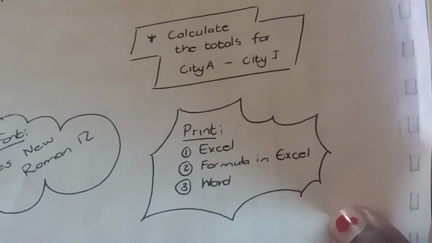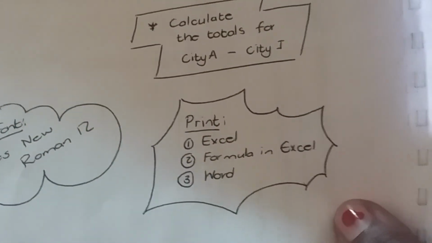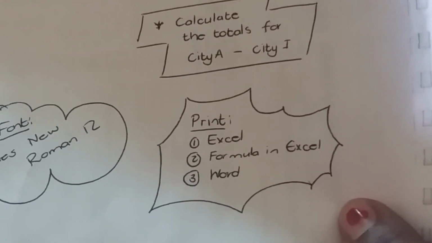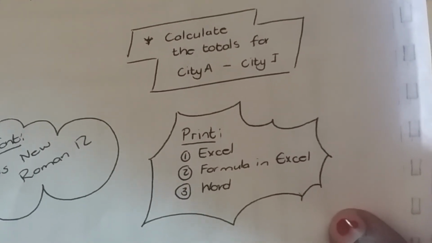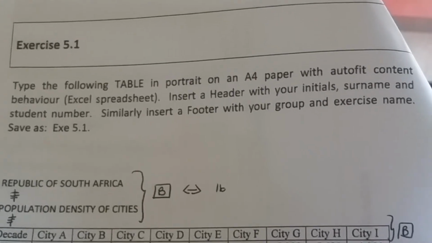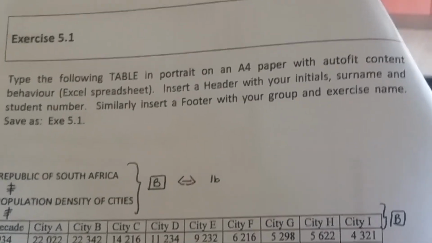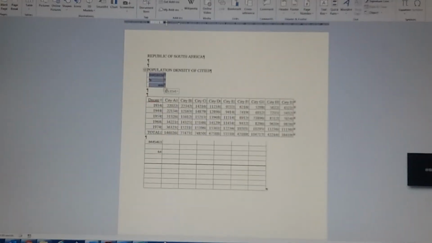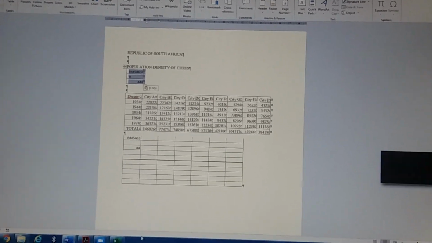So you are going to show formulas and print how did you get to the total sum of everything. And then you also print Word. Word, I think, is the one that has the instruction, auto fit to content behavior. Yes, that's as far as advanced tables, footnotes is concerned.